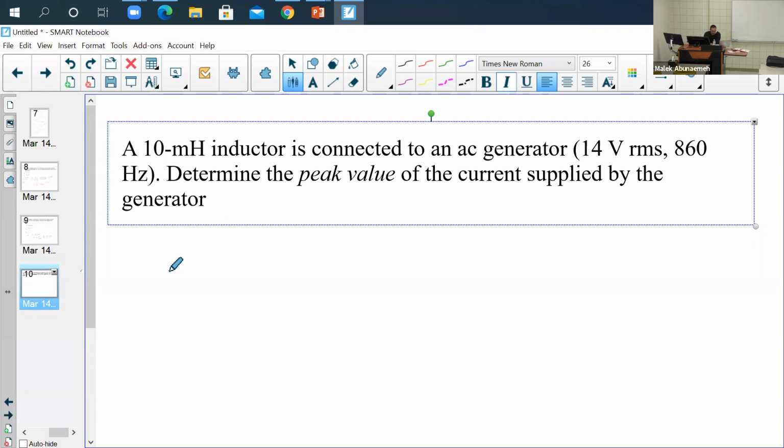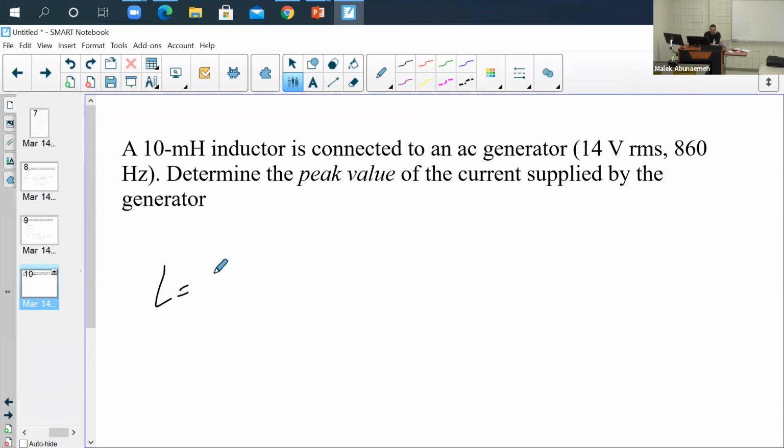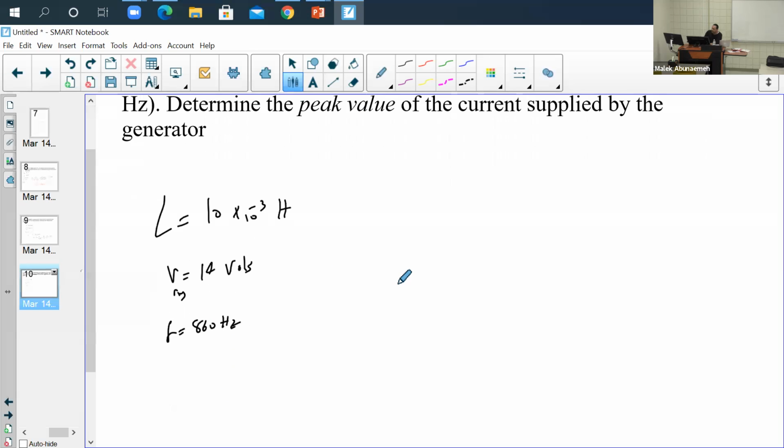We have our inductor, which is 10 times 10 negative 3 henries, and has a voltage of 14 volts, root mean squared, and your frequency is 860 hertz. And you want the peak value of the current, which is your main current.